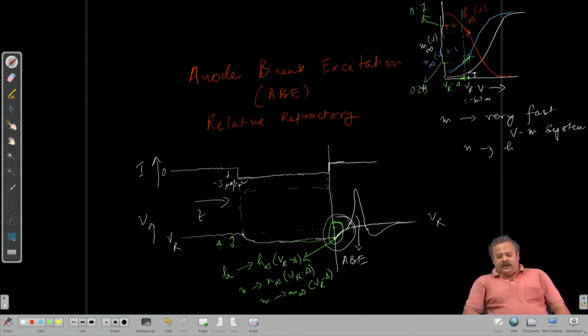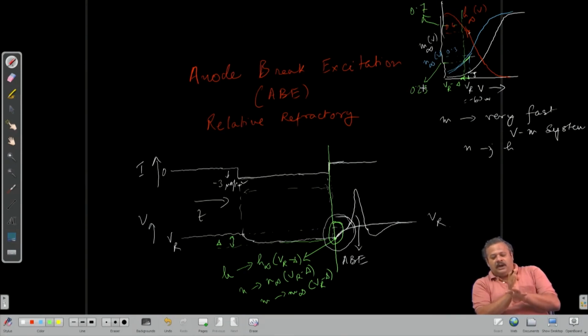Now think of the system with h, n and m at these particular values, the voltage shifted to Vr minus delta, and we suddenly remove that I external.